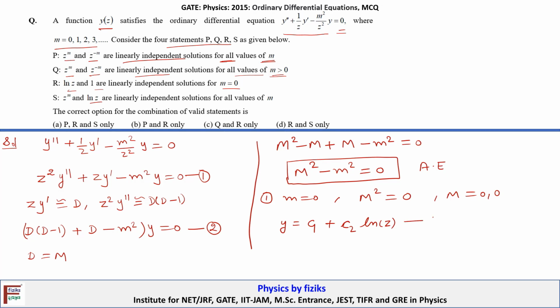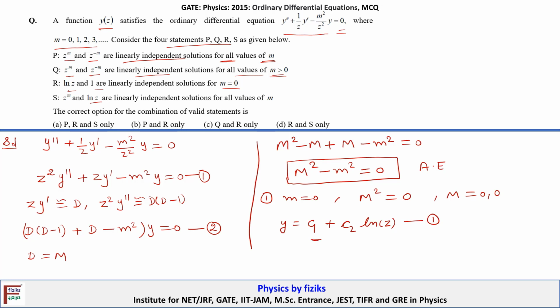This is our solution if small m is equal to 0, which corresponds to the option R.